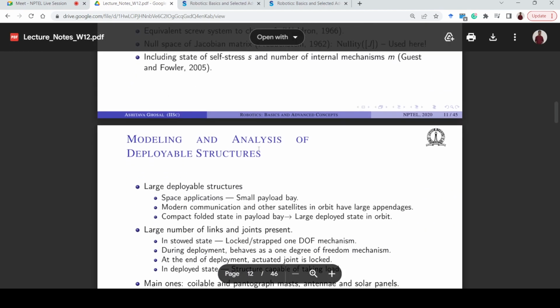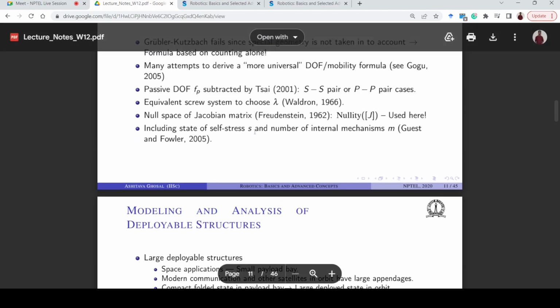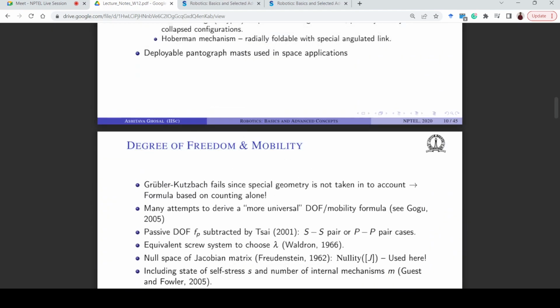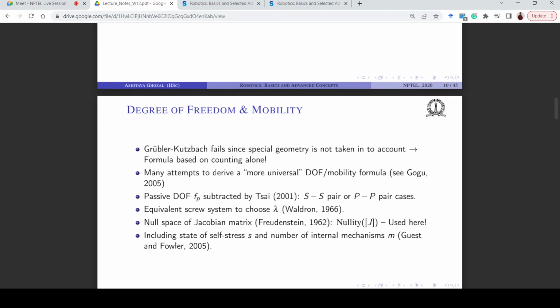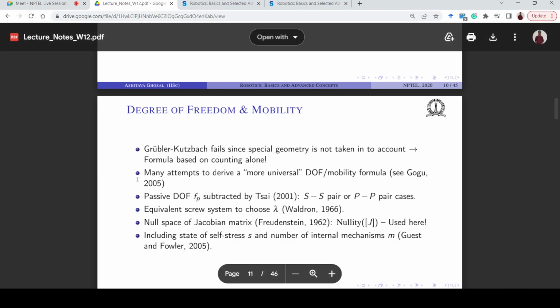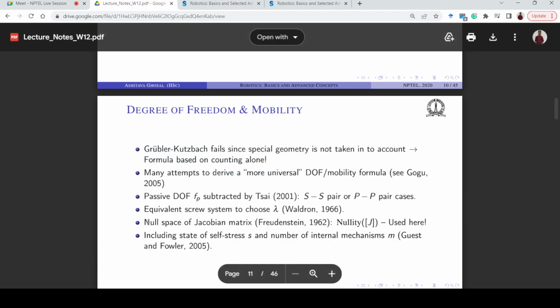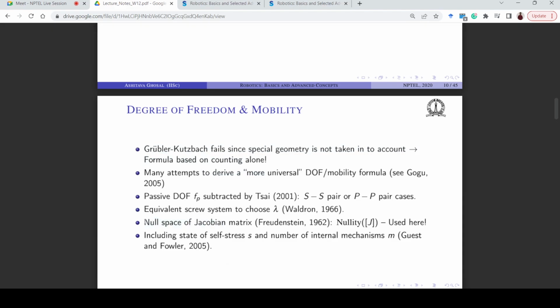Then there was discussion about how one actually calculates degree of freedom and mobility in the case of these over-constraint mechanisms, and there were many approaches given. One was the Grubler-Kutzbach, which was shown to fail. Now, one criterion taught this week is the nullity of the constraint Jacobian.